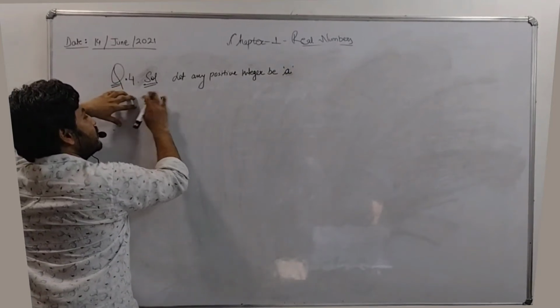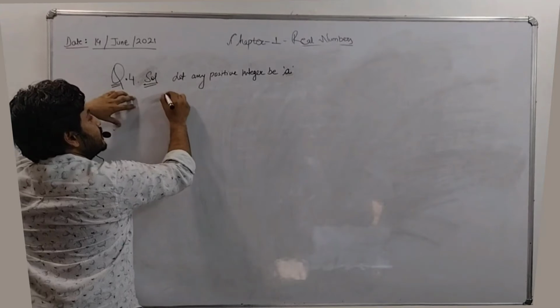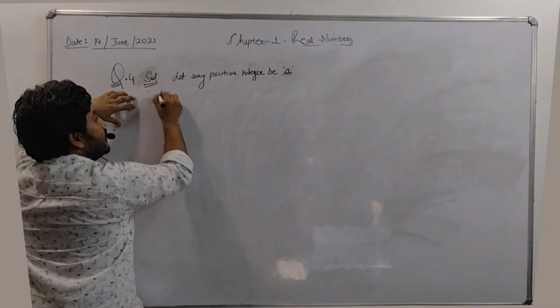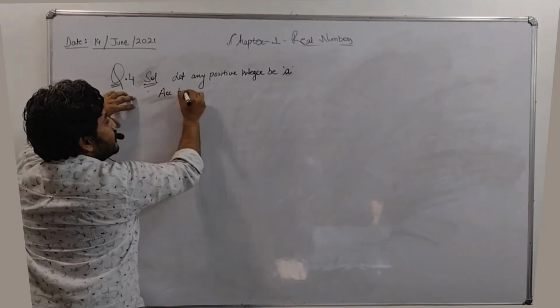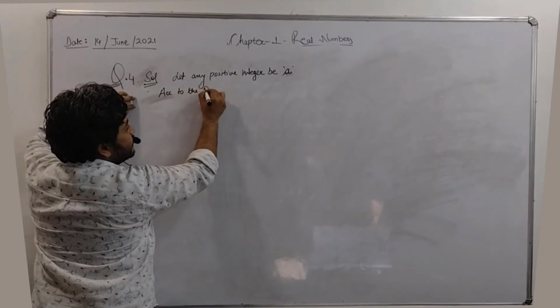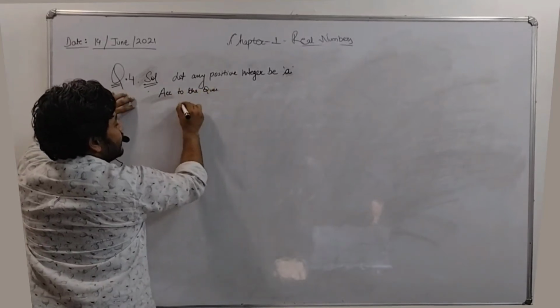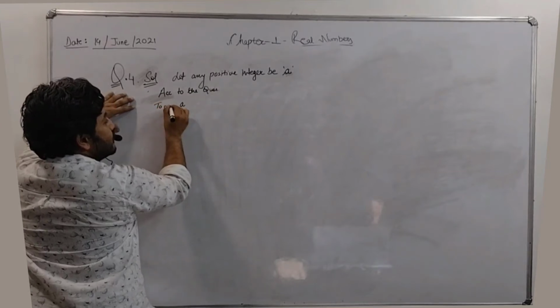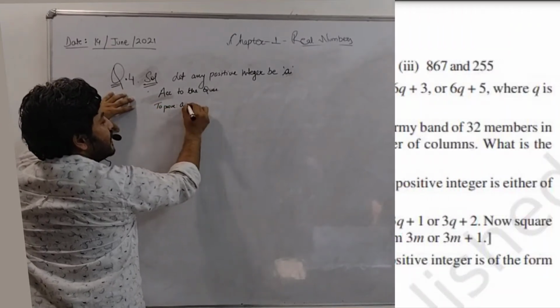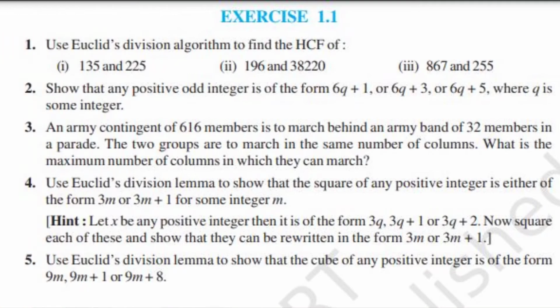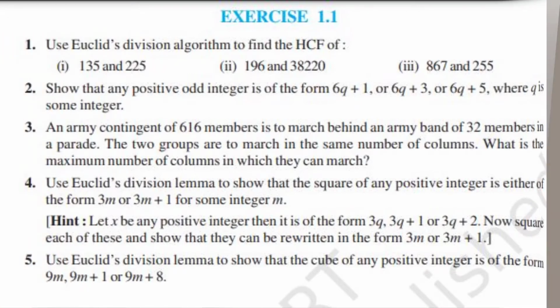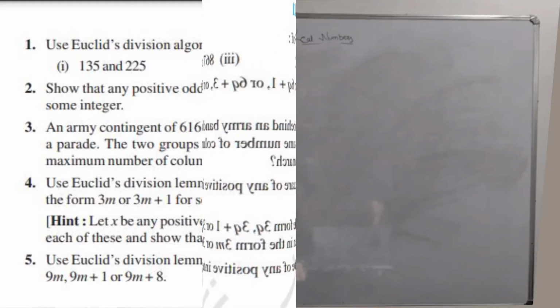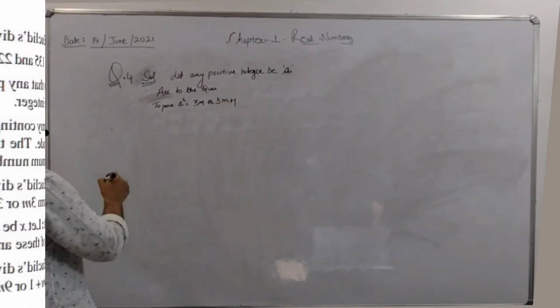We need to prove, according to the question, that a square is equal to 3m or 3m plus 1.